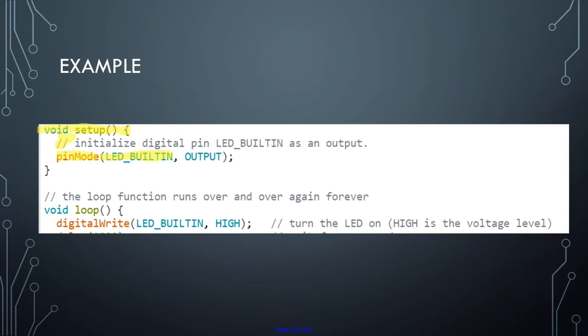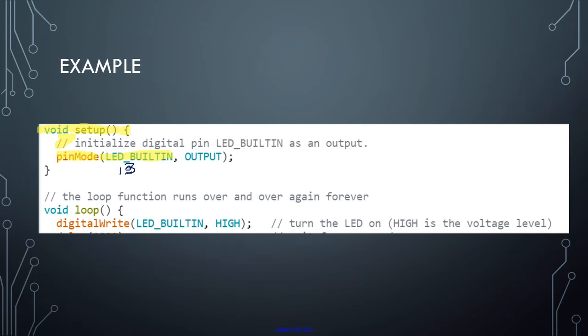So instead of connecting an external LED to this pin, I can use the integrated LED in my program to test it. I really could write pin 13 and it would do the exact same thing. But in this case, you can also specify LED_BUILTIN and it will reference that pin. So these two are interchangeable.